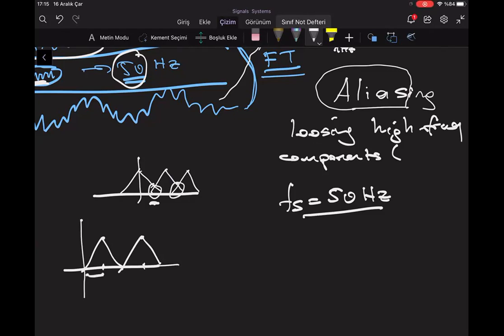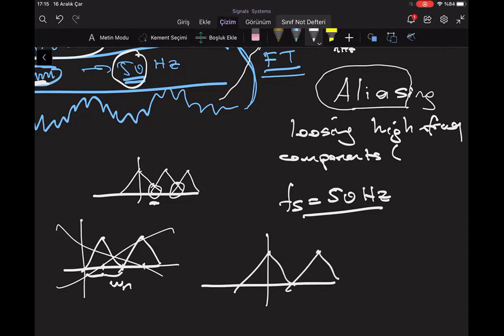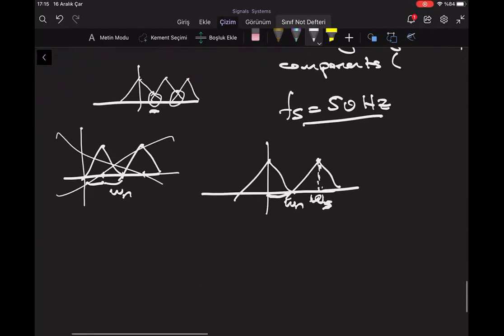This is omega n, the maximum, sorry. So this is omega n, and this one is omega s. What is omega s? Sampling frequency. Omega n is the maximum frequency in my signal, in radians per second.